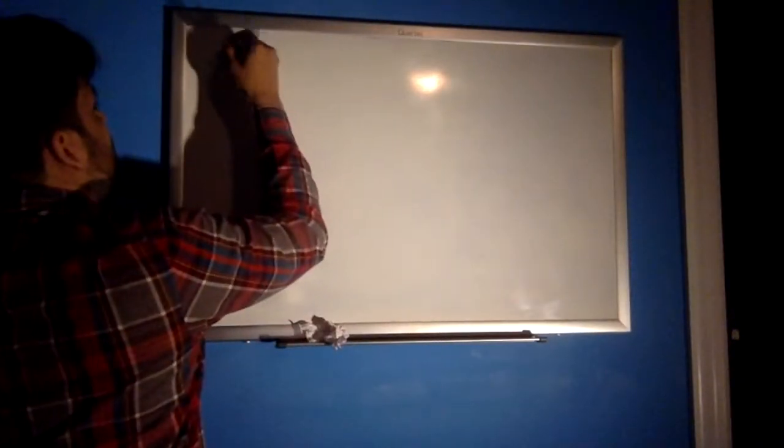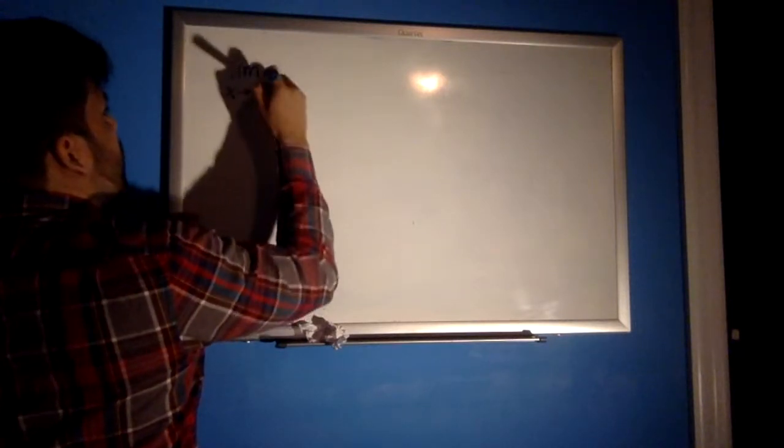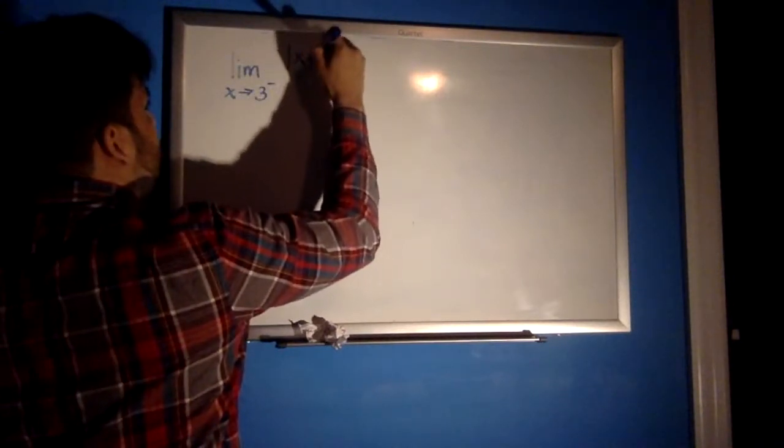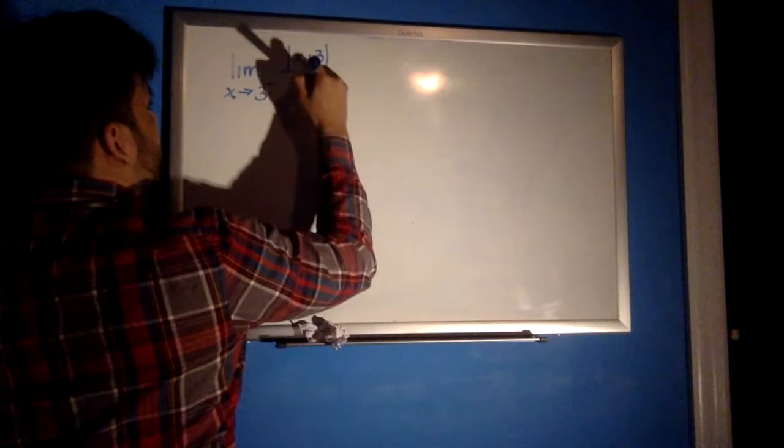Let's see if I can find a good one. What if I have something like the limit as x approaches 3 from the left of the absolute value of x plus 3 over x plus 3.